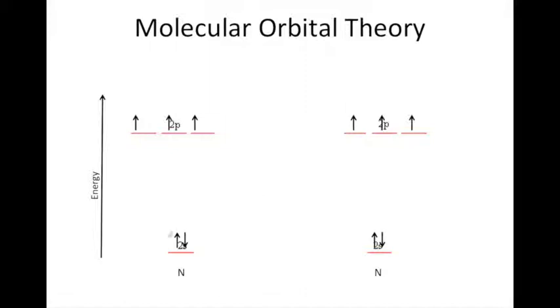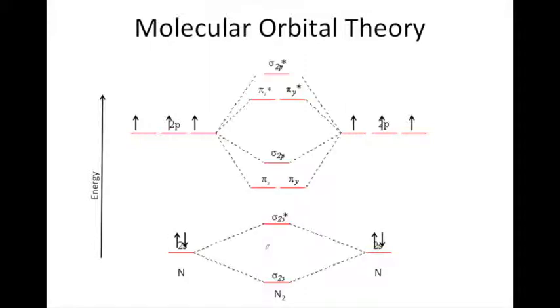Now our atomic orbitals are going to combine to give us our molecular orbitals, which we draw in the center. And we've shown you where those come from already. Now that we have our molecular orbitals and we know how many and their energies, we can put in our electrons. We have 10 total electrons. The Aufbau Principle tells us that we start with the lowest energy molecular orbital, fill it up, and go to the next one.